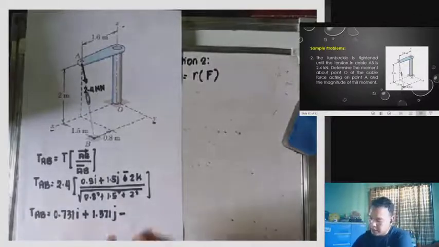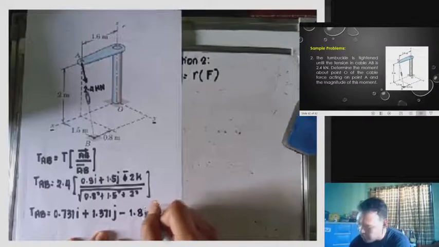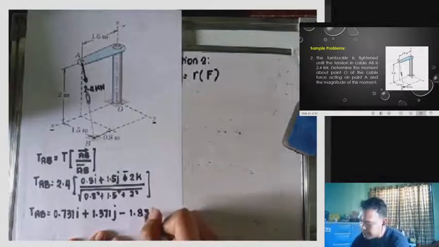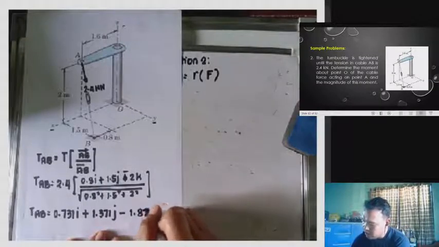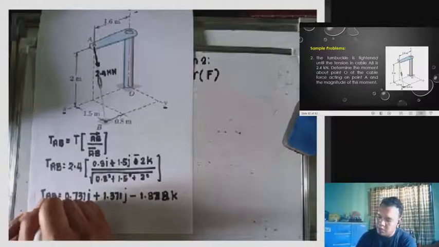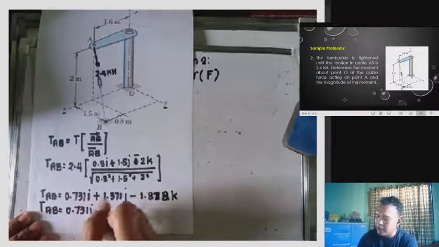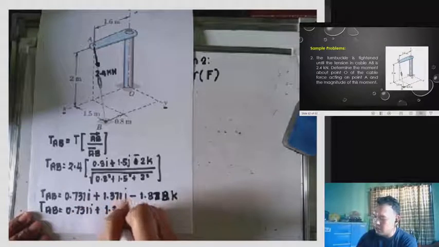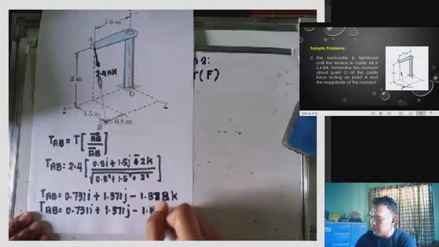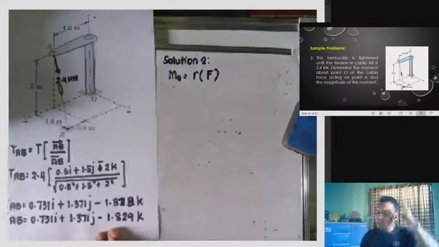So we have here negative 1.829k. Okay, so we have here T_AB is equivalent kay 0.731i plus 1.371j minus 1.829k.